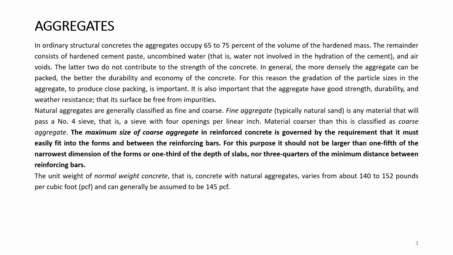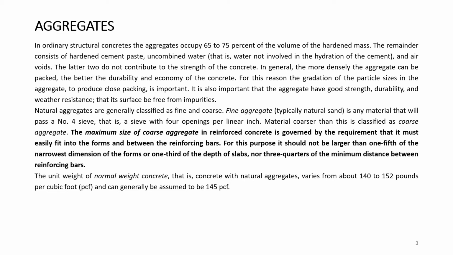There is another requirement for the size of the coarse aggregate: it should pass through the gap between reinforcing steels. In beams especially, the reinforcing steels are very close, and that's why the aggregate size should be properly chosen, at most 3/4 of the gap between the bars.